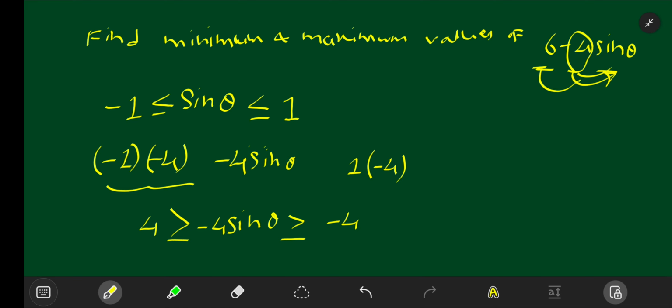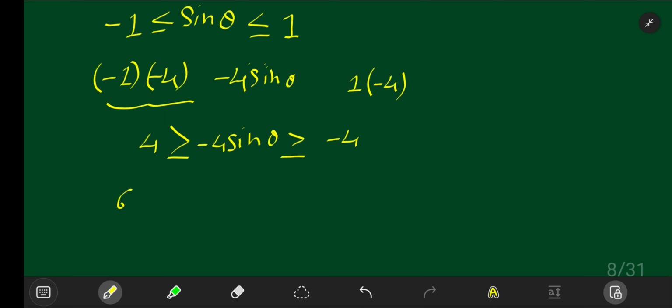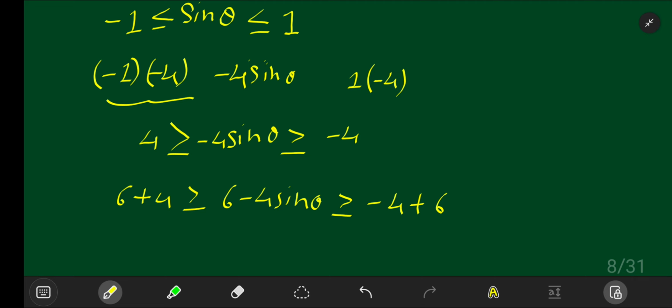Next, in addition, 6 is there in the question, so add 6 in this inequation. 6 plus 4 greater than or equal to 6 minus 4 sin theta greater than or equal to minus 4 plus 6. 6 plus 4 is 10, and 6 minus 4 is 2.